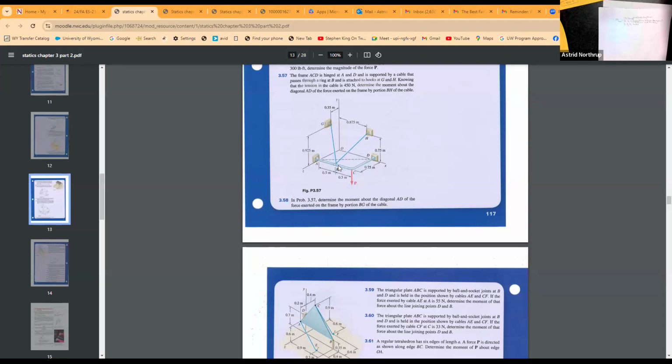In this case, I chose point B to point D. So it's a vector. It is a line that you could take if you had a string and put it on the force and then bring it over to the axis that you're taking the moment about. Is that helpful, Caitlin?